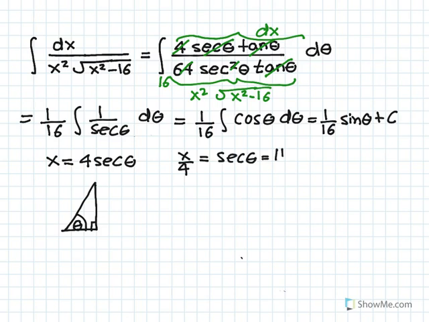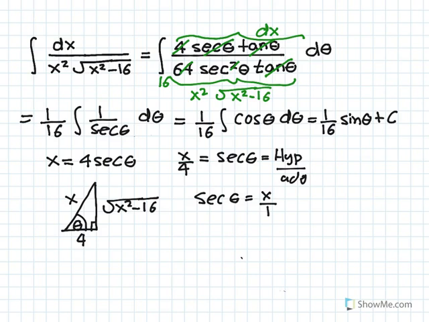That means the hypotenuse is x, the adjacent is 4. If you apply Pythagoras, we can solve for the missing side, and that will be root of hypotenuse squared minus adjacent squared, minus 4 squared, that's 16. So we know that secant theta is x over 4.